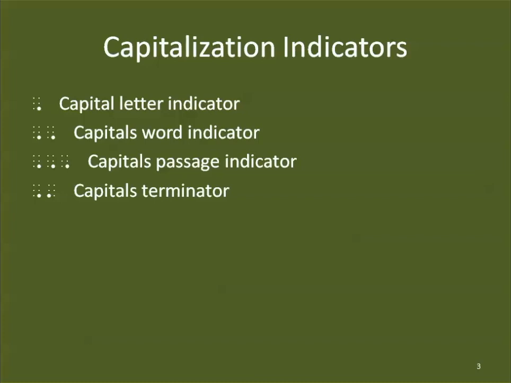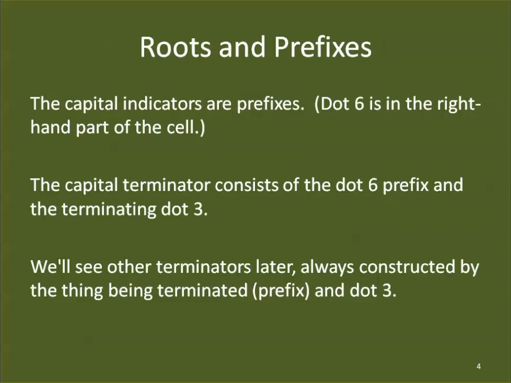You may recognize that as the terminator that we used in EBAE for everything. That was just our sign to say whatever we started, we stopped. But in UEB, remember our principle of prefixes and roots. We have what's being terminated, which is the dot 6 with capitals, and then a dot 3 to terminate it. So as I said, the capital indicator is a prefix because it's on only the right part of the cell.